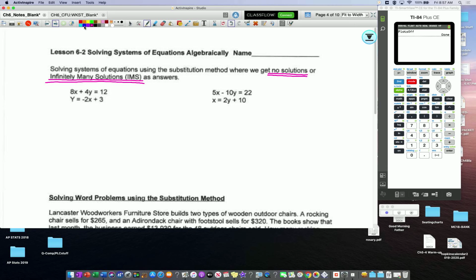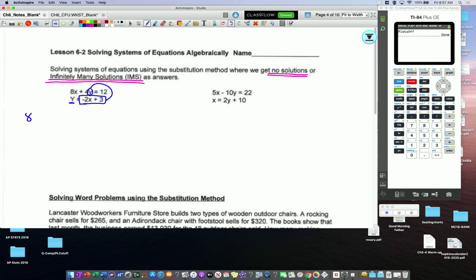All right, so to go through the steps here, step 1 again is to get one of the variables by itself. So on this first equation, notice how y is already all by itself. So I can go right to step 2, where I take what y equals and put it in the place of y in the first equation.